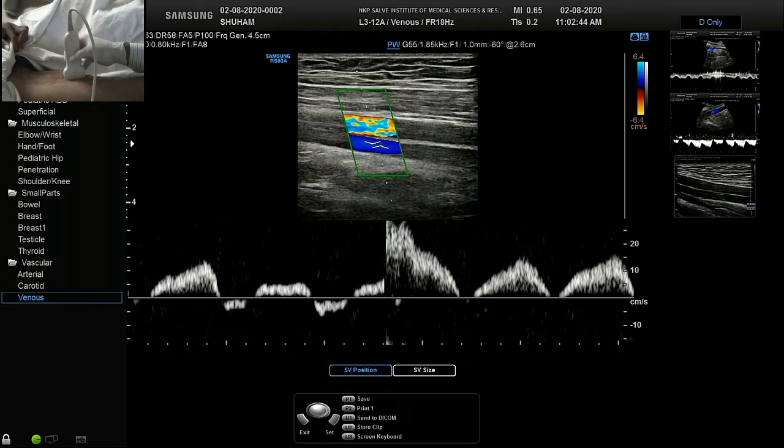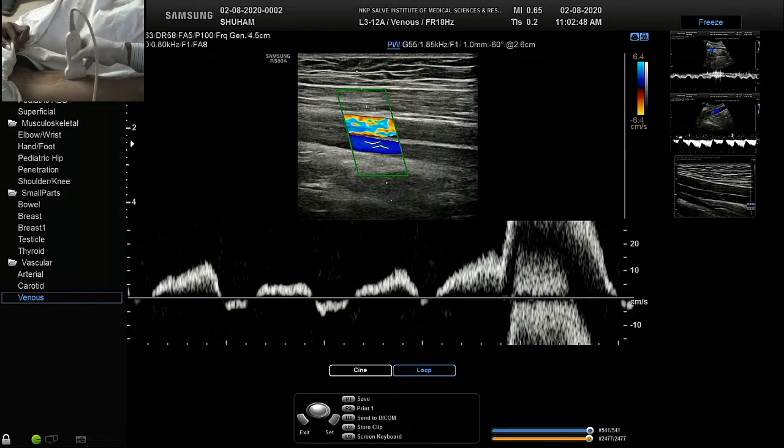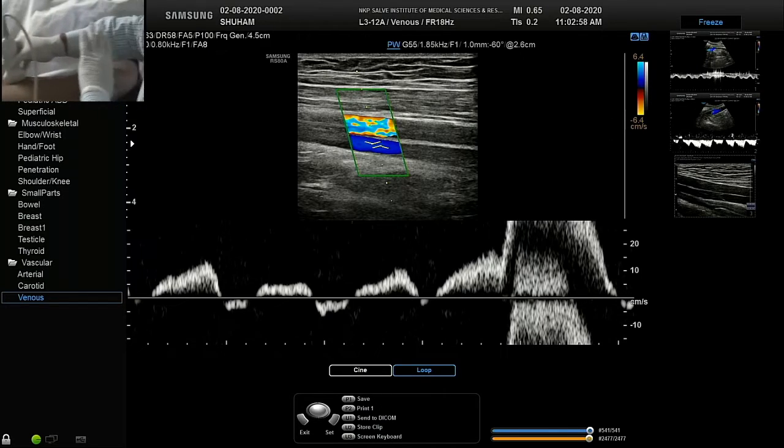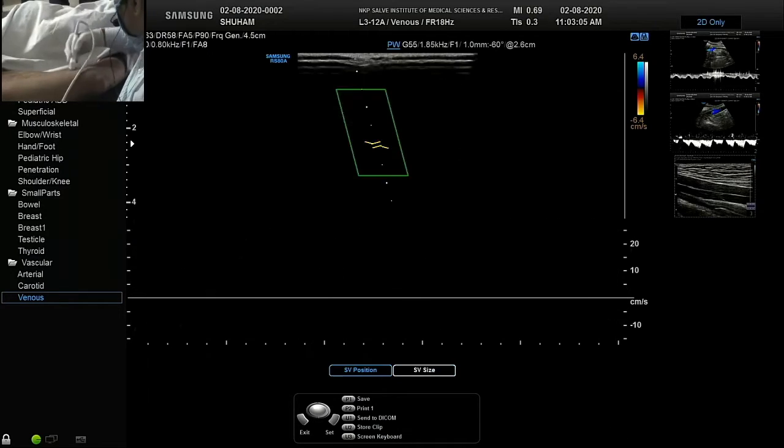This is a normal flow. Now squeeze. That's it. After squeezing, there is increase in the flow because the blood is getting pushed from the calf to the heart through the femoral vein, and that is what we are seeing. And that means the more or less the segment from the calf to this point is patent.